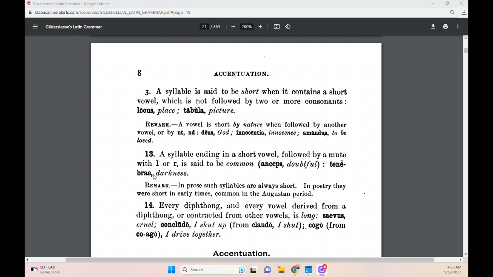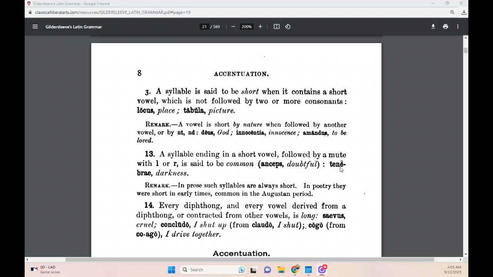Te, ne, brae. Now, this second syllable, if it's a vowel followed by two consonants, it should be long. But because these two consonants are a special pair of consonants, a mute followed by l or r, that vowel can be considered short.